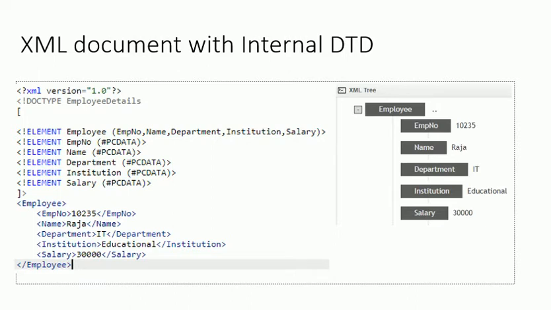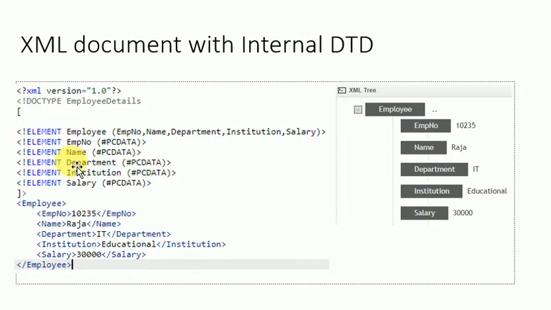I have taken the previous example of an employee and created several user-defined tags such as employee number, name, department, institution, salary. Now towards the top we have the internal DTD. So first is the identifier followed by the declarations.